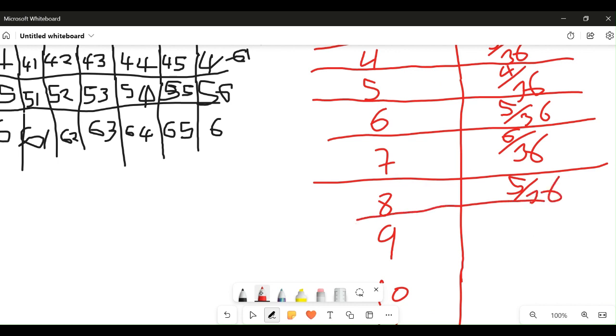Alright. Now the probability that their sum is equal to 9.